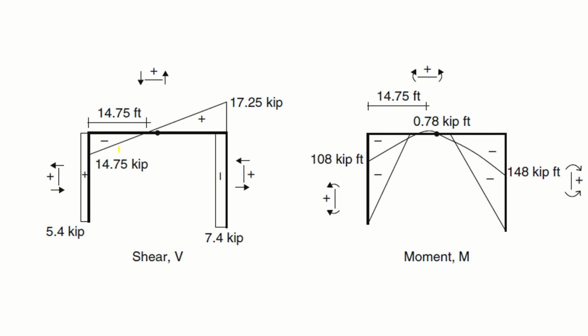So there was a 1 degree shear force diagram, 14.75, or you can come from here 17.25, bringing it down, and then 14.75. And it is occurring at a distance of 14.75.